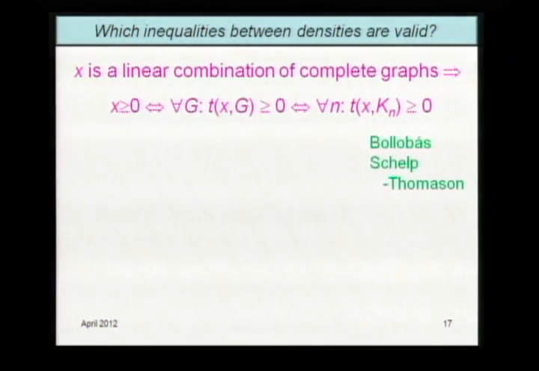It holds for every graph G if and only if it holds in every complete graph. That's actually a fairly surprising result which has far-reaching consequences.